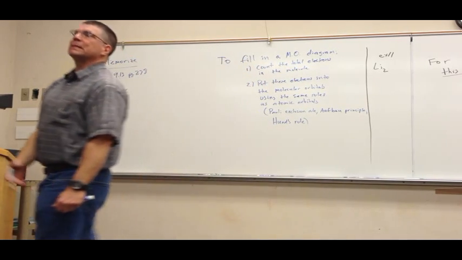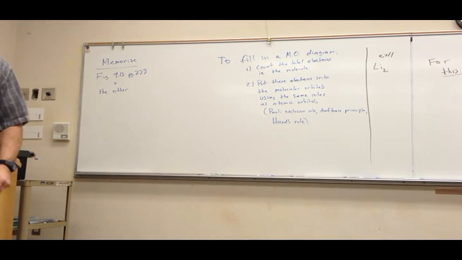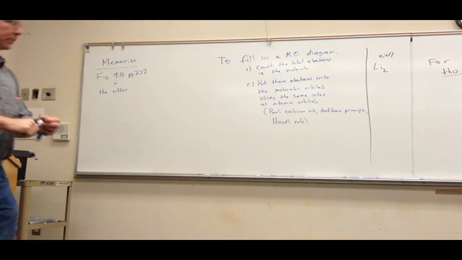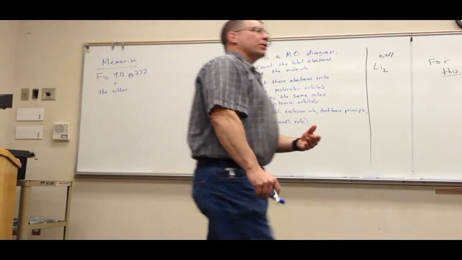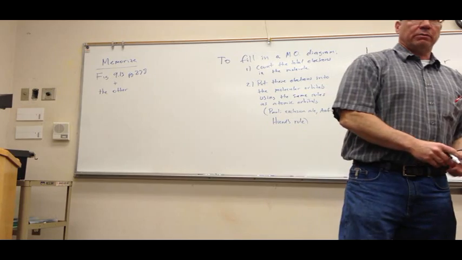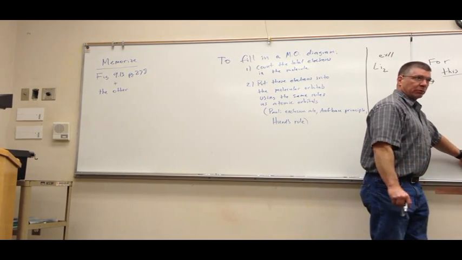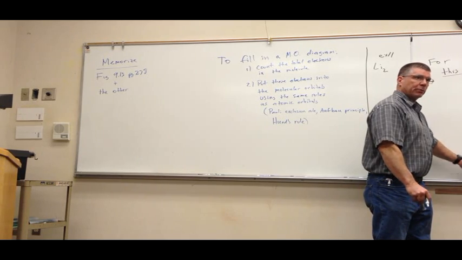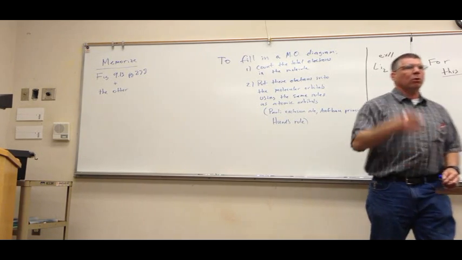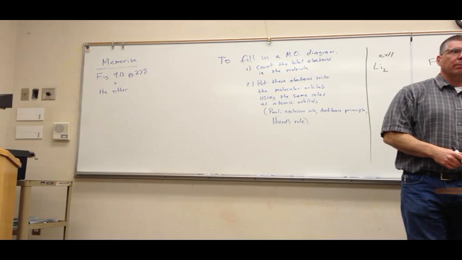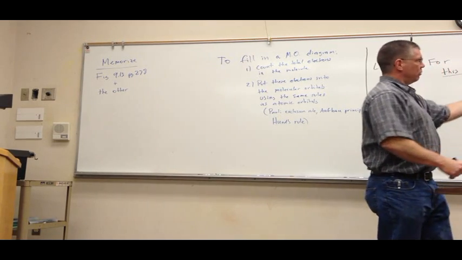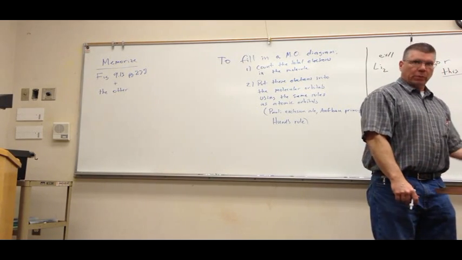For example, dilithium. How many electrons? Now remember here, we're counting all the electrons, not the valence electrons. If you use the picture like I'm showing you with the sigma 1s, sigma star 1s, how many electrons total in dilithium? 6, right? Which picture do we use? The one on the left.